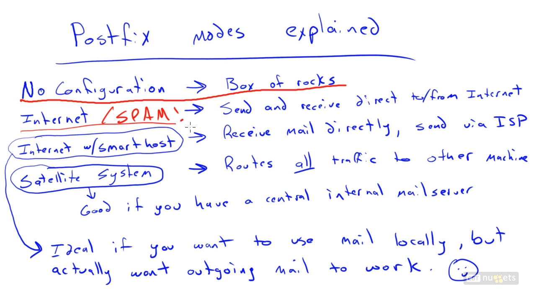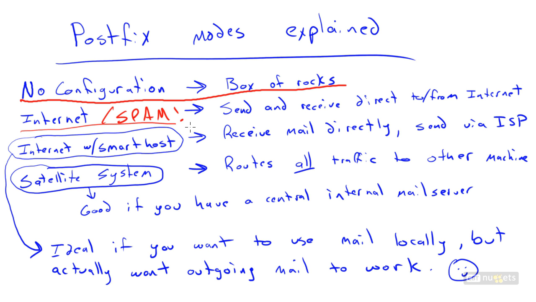But now, hardly any ISPs or anybody getting email is going to trust email coming from some random person on a dynamic IP in their home computer, because that's how spammers try to do things. So if you set your computer up as an internet host and you haven't gone through all the prerequisites of setting up an SPF record and doing things outside of the scope of this nugget, most of your email will never arrive.